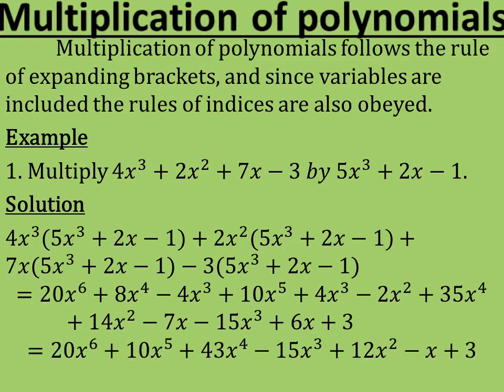Here there is only one term with x raised to power 6, so you are not going to add anything to it or subtract anything from it. So you have 20x raised to power 6 plus, and again here you have only one term with x raised to power 5, so that will give us plus 10x raised to power 5. There is nothing to subtract from it, there is nothing to add to it.